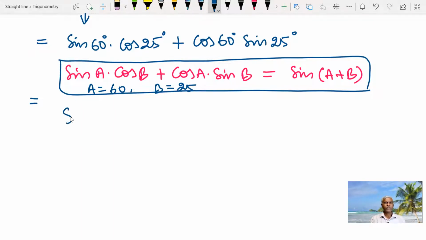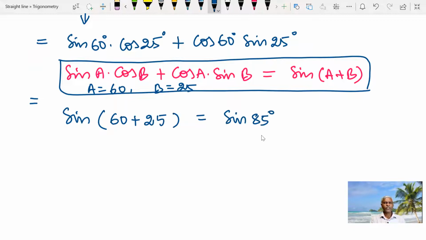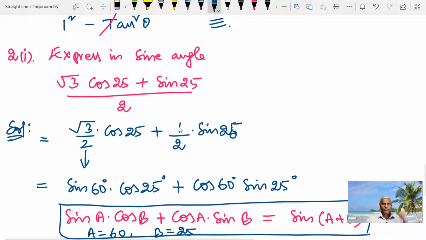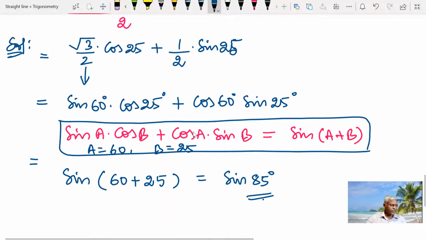So this becomes sine of 60 plus 25, that is equal to sine 85 degrees. So this is only sine angle. So expressing in sine angle.